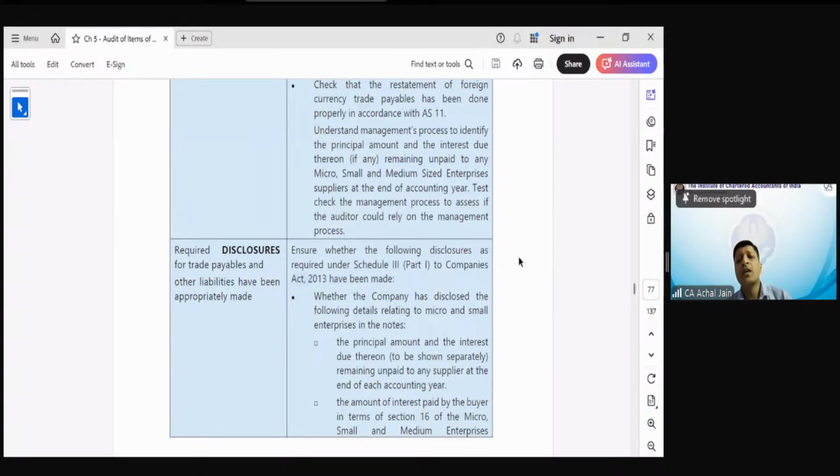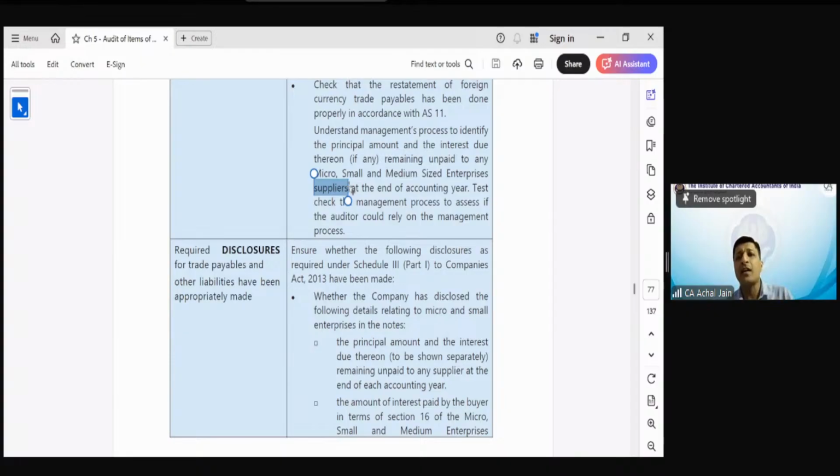But here there's one important disclosure requirement, particularly for trade payables, and that is in respect of MSMED. I think you must be knowing about MSMED. MSMED is a disclosure in relation to micro, small, and medium sized enterprises. Means the trade payables, the suppliers, if they happen to be micro enterprises, small enterprises, medium sized enterprises, for which a criteria is given.